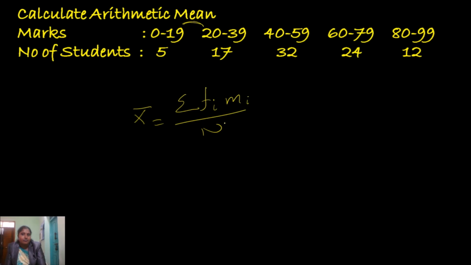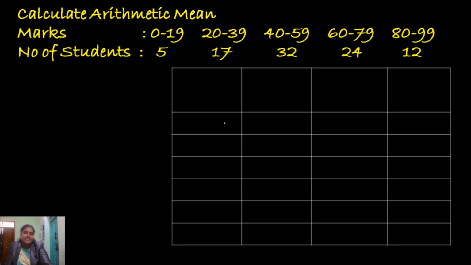For that, let's now construct a table consisting of 4 columns, where the first column consists of marks, the second column represents number of students, the next column is our mid value, and the last column is the product of f with m.